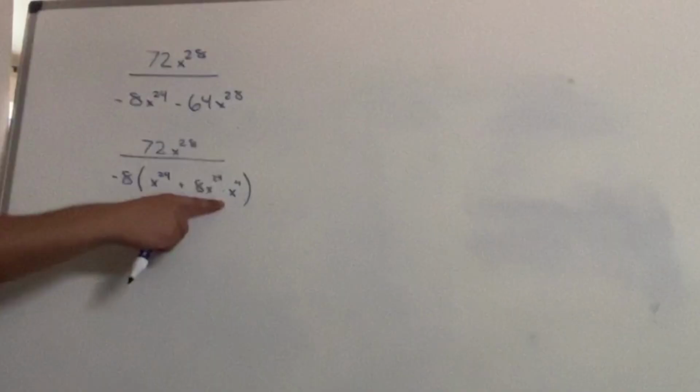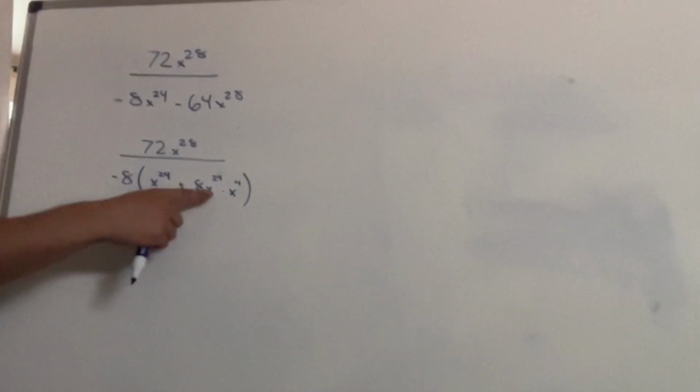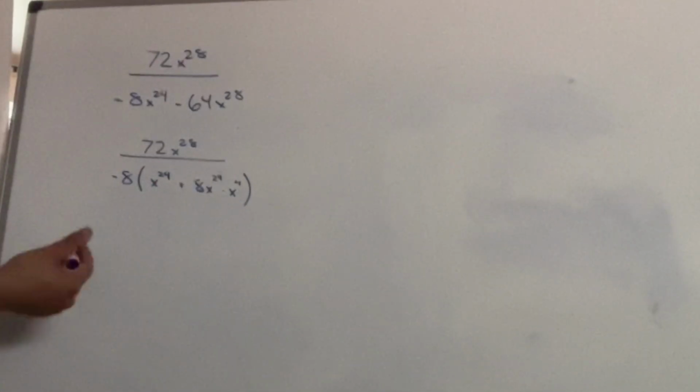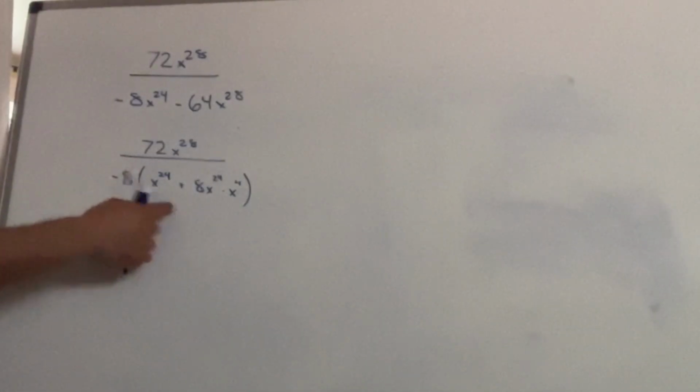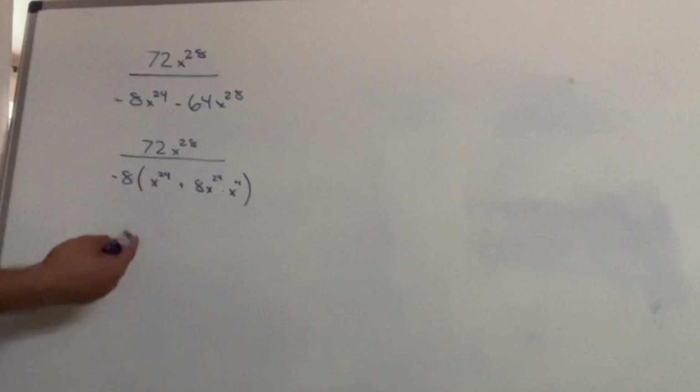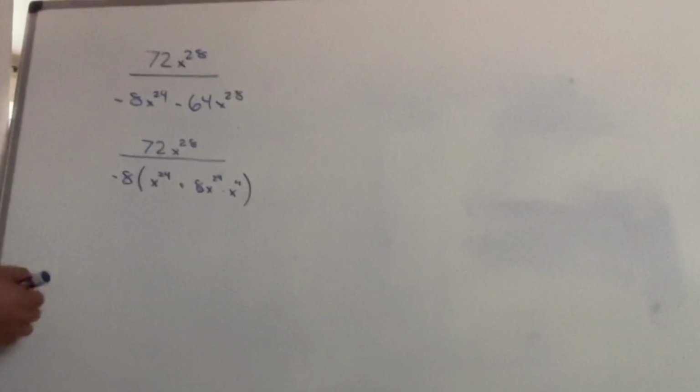Now from here, you can see there's an x to the 24 here and here, so you're able to factor it out because it applies to both terms. x to the 24 applies to everything in the expression, so you're able to factor it out as well.